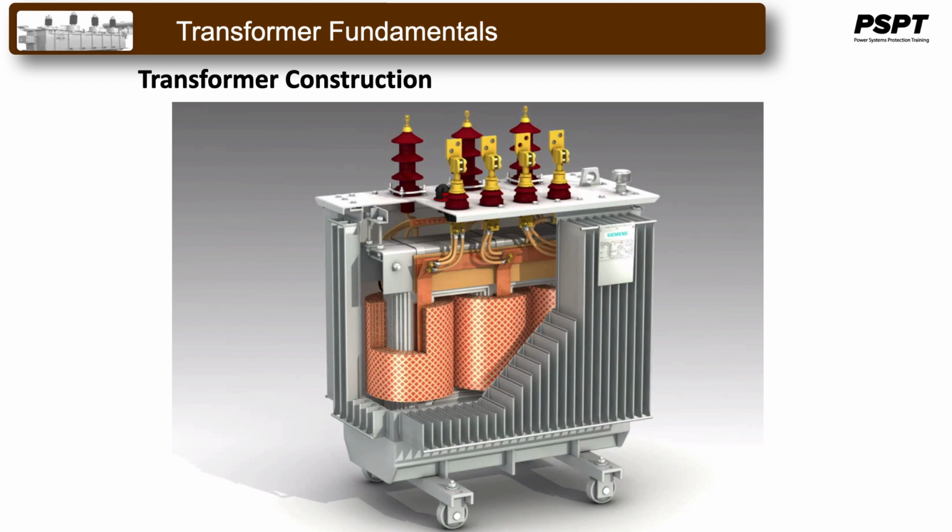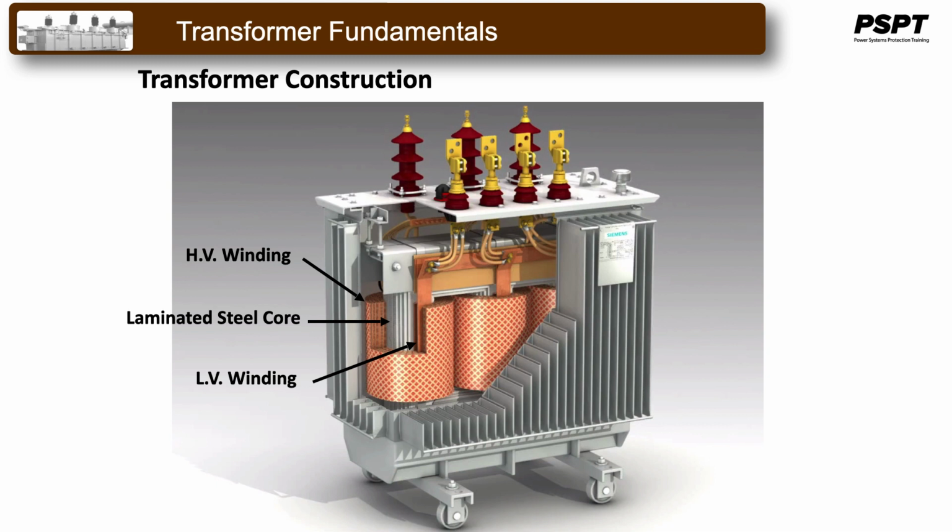The construction of a transformer in its basic form consists of two coils, at least one high voltage and one low voltage, linked by mutual inductance, and a laminated steel core. In all transformers that are used commercially, the core is made out of transformer sheet steel laminations assembled to provide a continuous magnetic path with a minimum of air gaps.